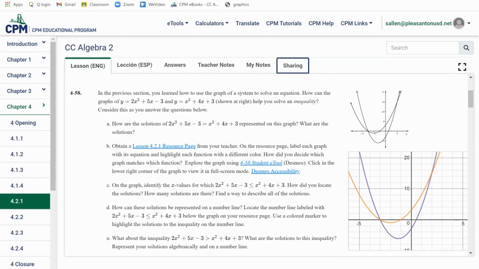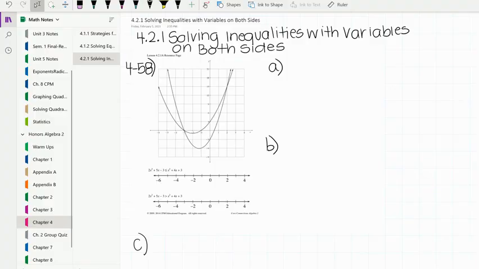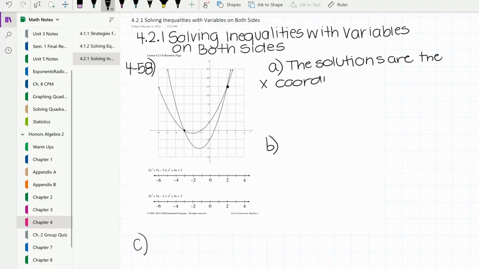One way we can do that is by looking at their intersections. So I'm going to put a dot where these lines intersect, and it wants us to describe how we got that. The solutions, so they're not actually ordered pairs, are the x coordinates of each point of intersection.